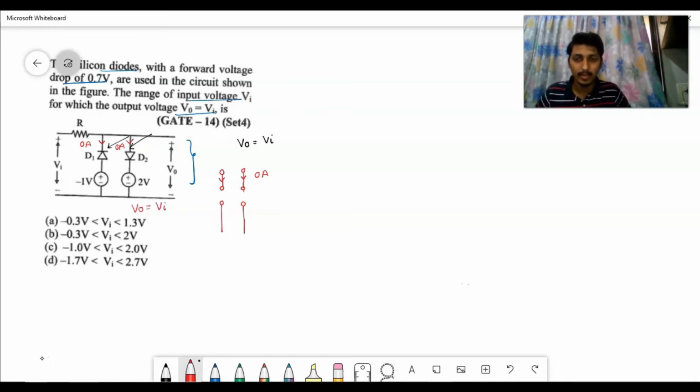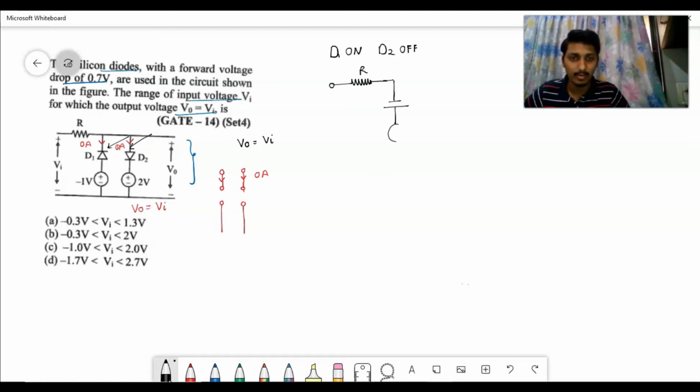So to assume this, we will first make the necessary conditions. First I am taking D1, as in diode 1, in on condition and diode 2 in off condition. So for this, D1 will have a 0.7 voltage drop, plus or minus, this is nothing but minus 1 volt, and this is ground. D2 is in off condition.